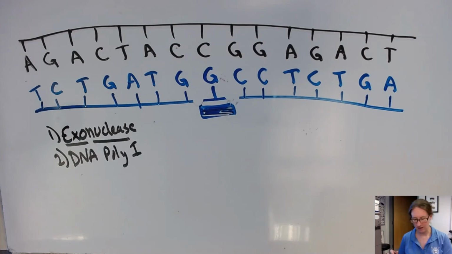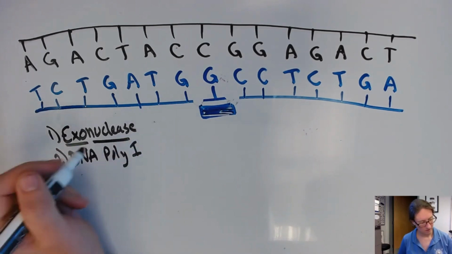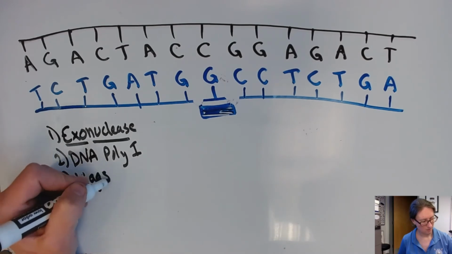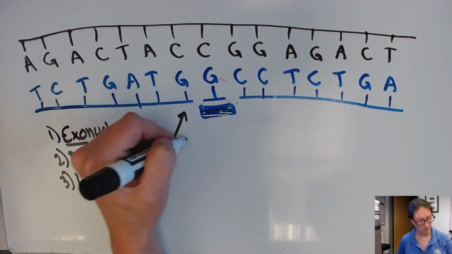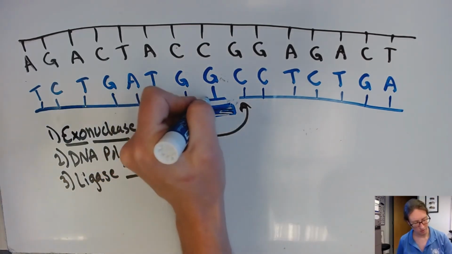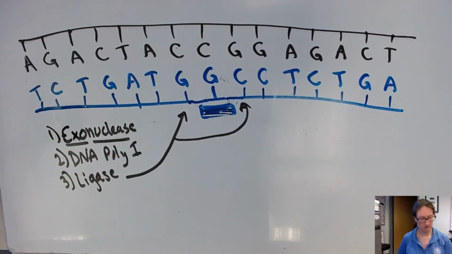And then last but not least, ligase will come in and will close up the gaps for that new base. Okay, so that's one of the challenges in replication, is fixing mistakes. So here's our DNA repair team.